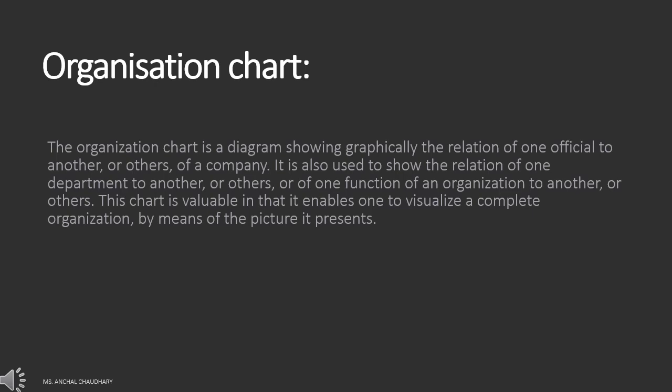So basically, it is a chart which typically illustrates relations between people within an organization. Such relations might include managers to sub-workers, directors to managing directors, chief executive officer to various departments, and so on.